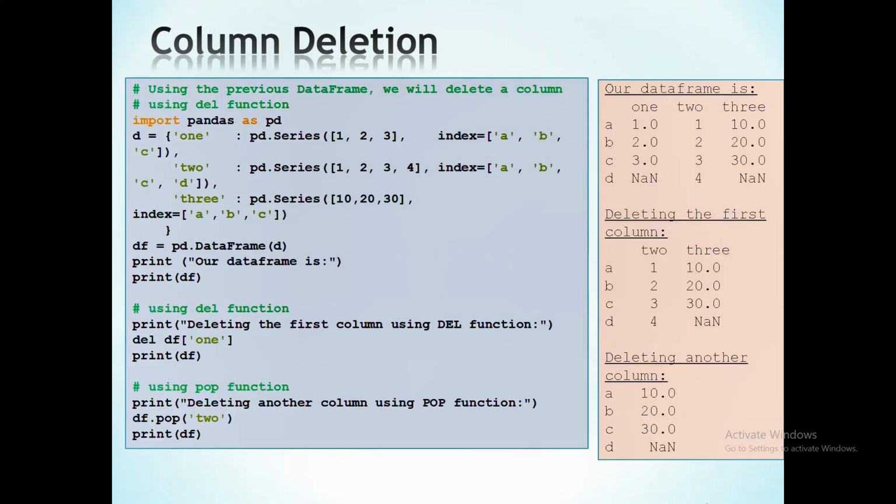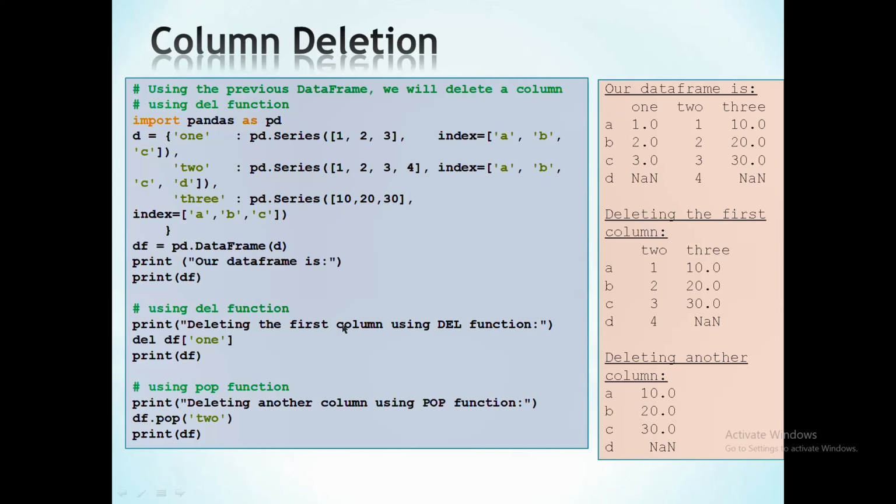Then, similar to the addition, we can remove data frame columns as well. When I want to remove the first column using the delete function, I can specify the column name.